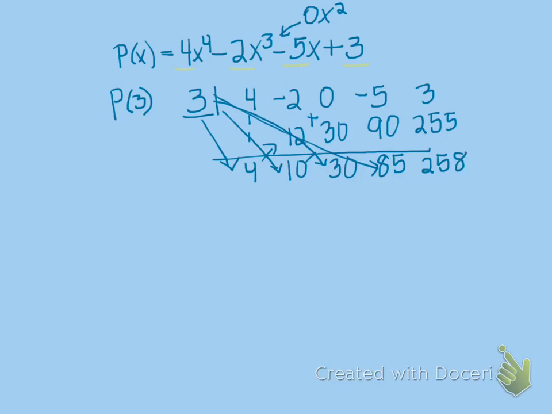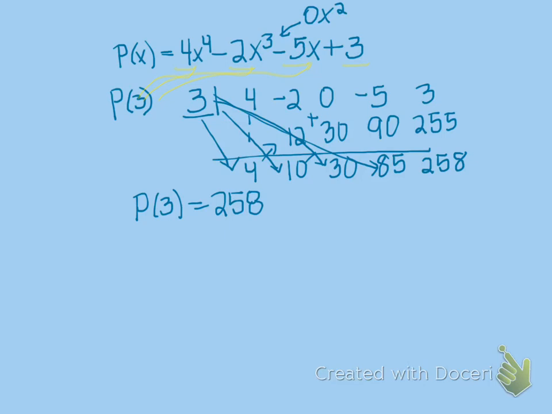And so we get that p of 3 is 258. And we never had to apply any of these exponents at all, but we got the same output as if we had traditionally substituted that 3 in for x and evaluated all of those exponents and coefficients. You can feel free to pause the video and check that with traditional substitution in your calculator.